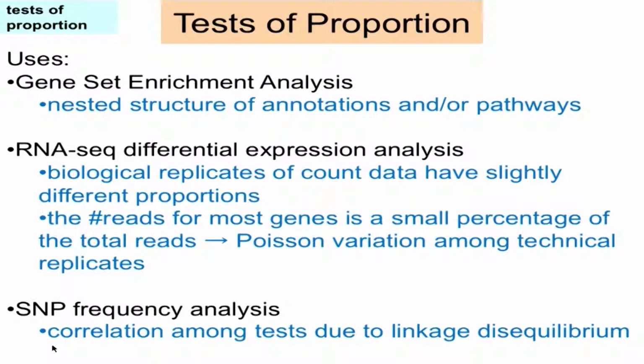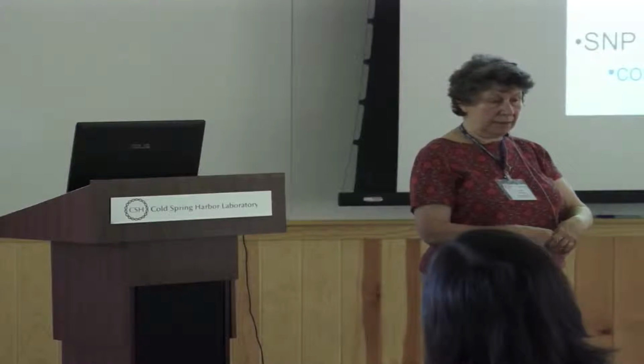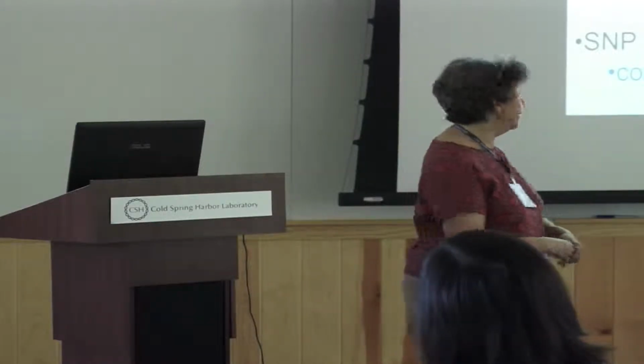And that means not only do you have multiple testing, but you have multiple testing in this sort of funny nested thing. But most of the software packages available now do the multiple testing adjustment for you, so when you get a p-value from that, it's been adjusted.